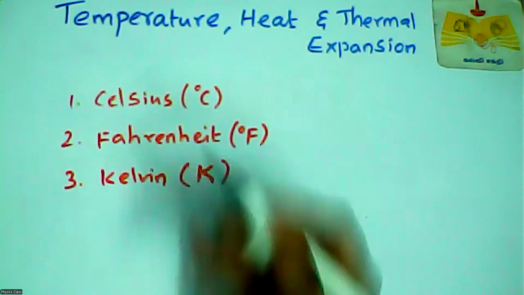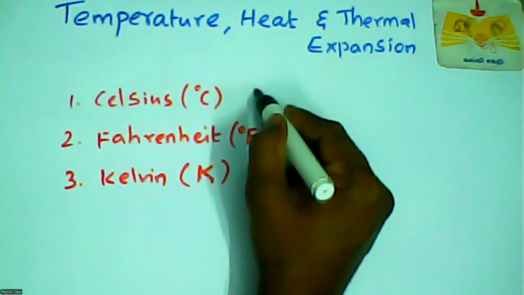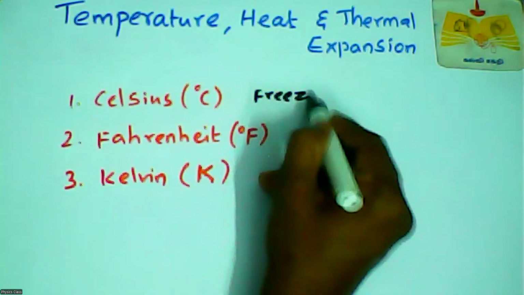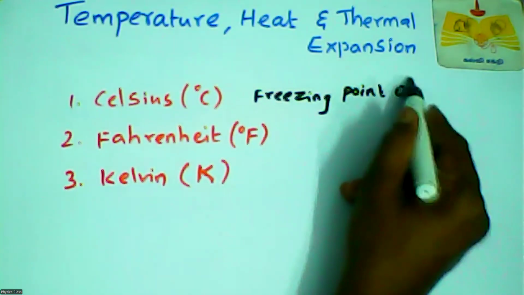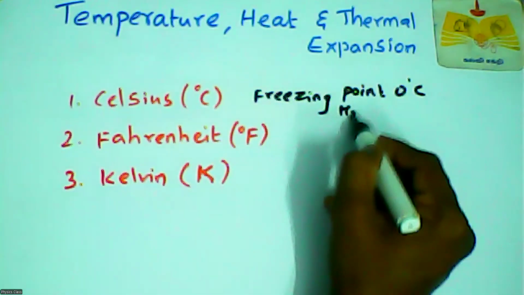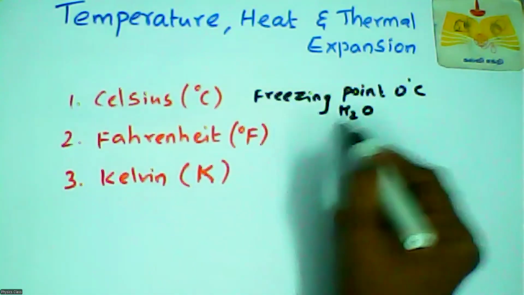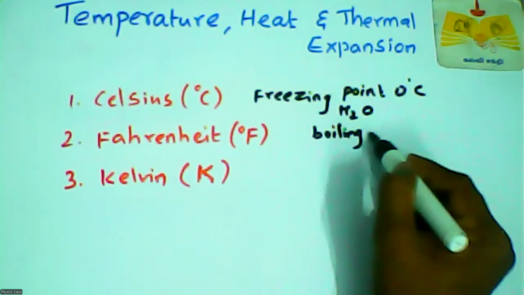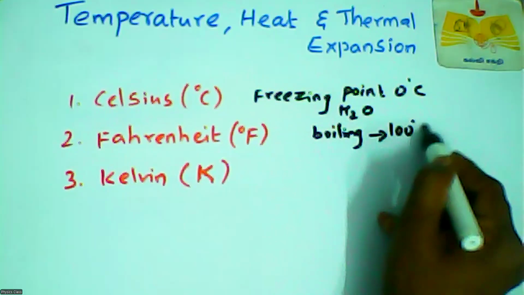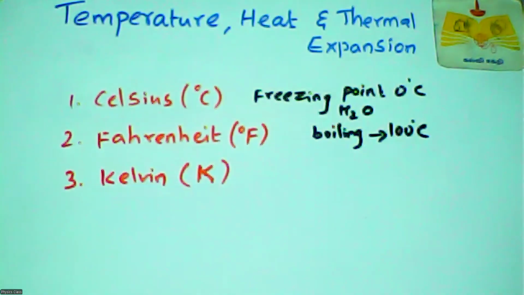For example, in Celsius, the freezing point of water is 0 degrees Celsius, and the boiling point of water is 100 degrees Celsius.